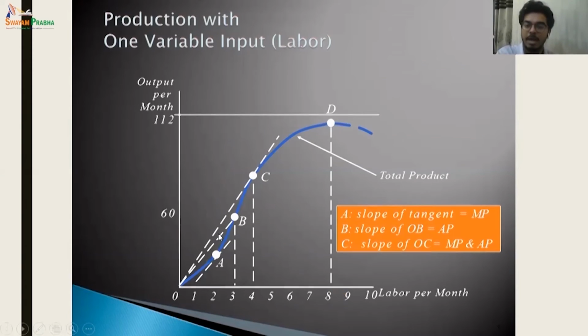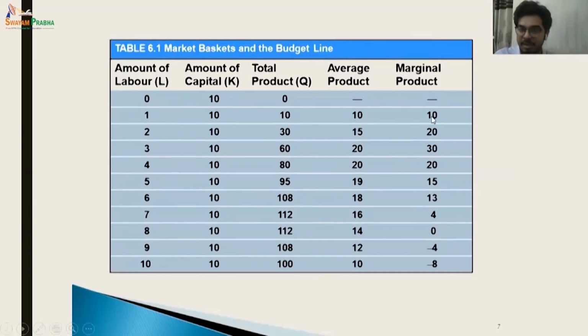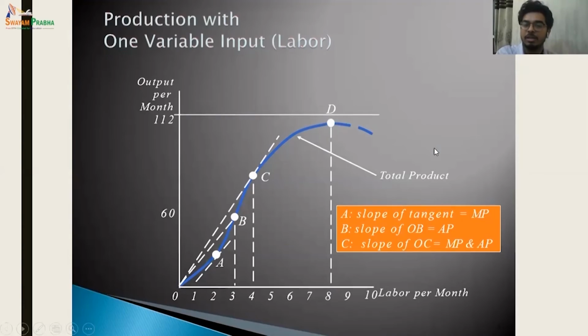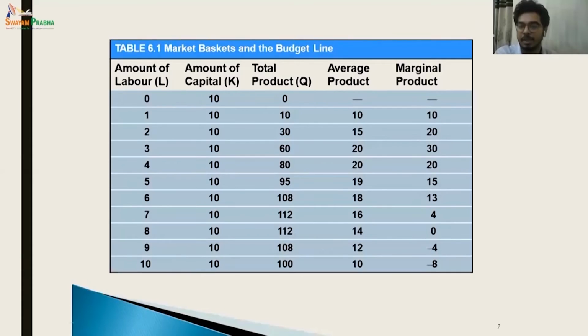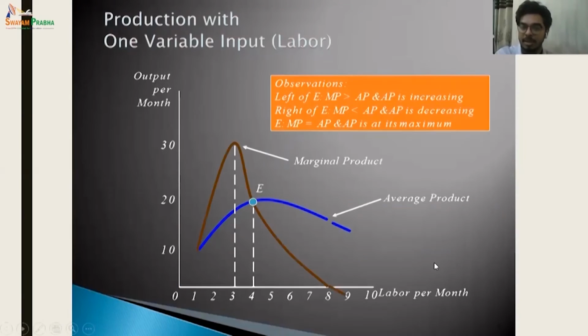After the third unit, it has started falling. Then it came to 20, then probably again 20, then 15, 13, 4, 0. At 8, it should touch the x-axis, let us see. And 9, 10, it will go below the x-axis.